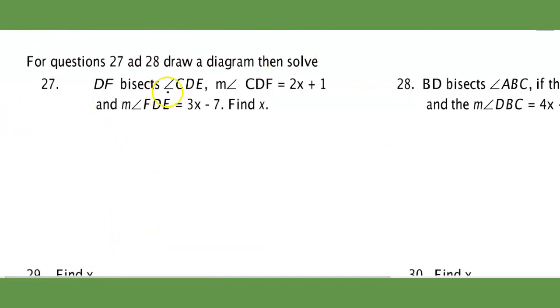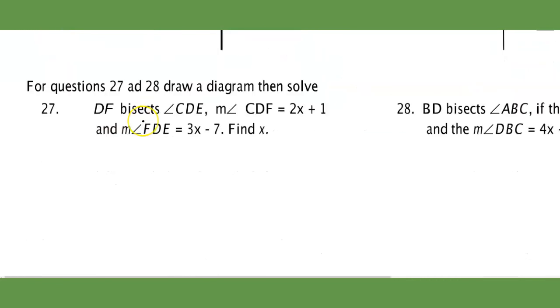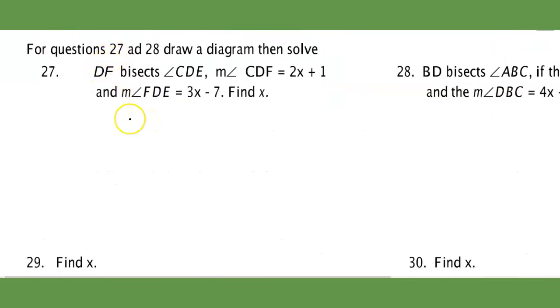Now we're drawing angles. So we've gone from segments to some angles. Now we've got to draw them. So let's be very careful and draw some accurate diagrams. Let's see here. So DF bisects CDE. This could be my angle CDE.